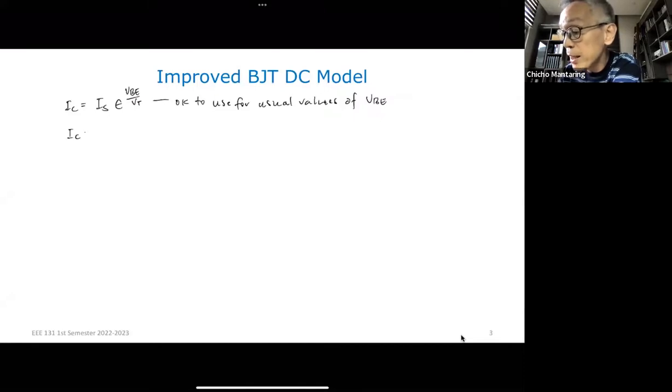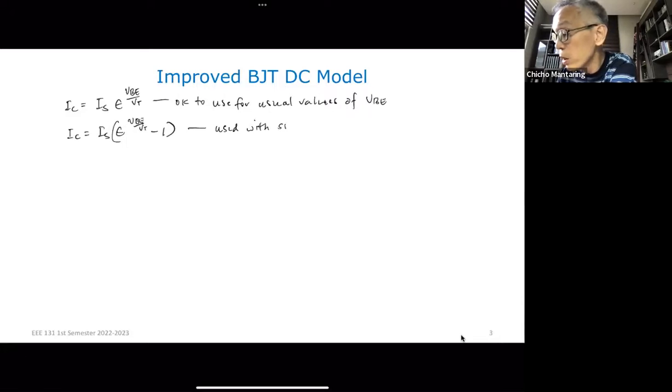So you have IC is equal to IS times e to the VBE over V sub T minus 1. So this is used with small values of VBE.